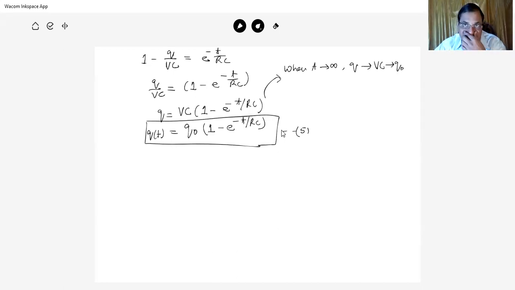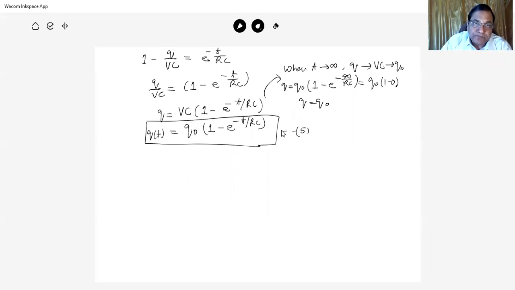So q is equal to Q0 (1 minus e raised to the power minus infinity upon RC). So e to the minus infinity means Q0 (1 minus 0), and that is q is equal to Q0. So this point is Q0.